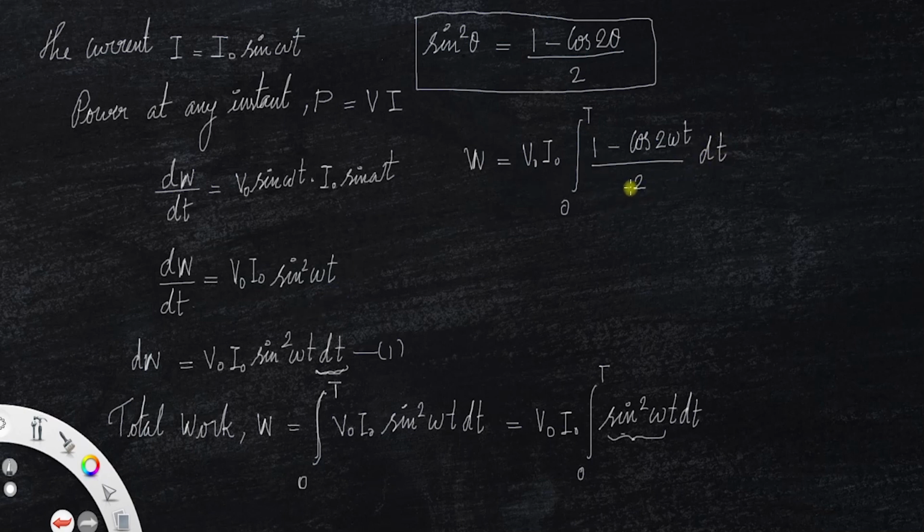Clear? I can take this 2 outside, so W is equal to V0 I0 upon 2 integral 0 to T of 1 minus cos 2 omega t dt.